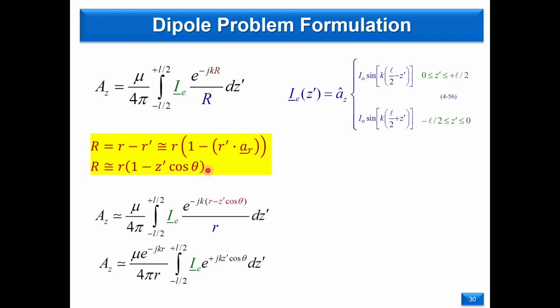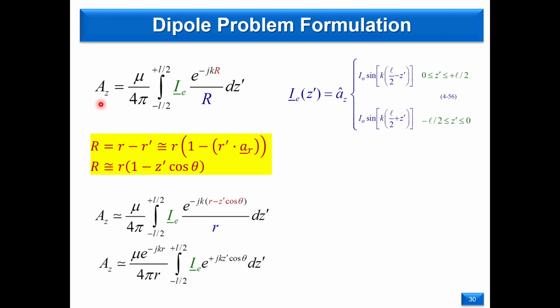This is the general one, because we might also have the dipole oriented along a different direction. So if we have a different direction, this r prime will be along the direction of the antenna, and this a_r is always the position vector of any arbitrary point in spherical coordinates, so it's always a_r.